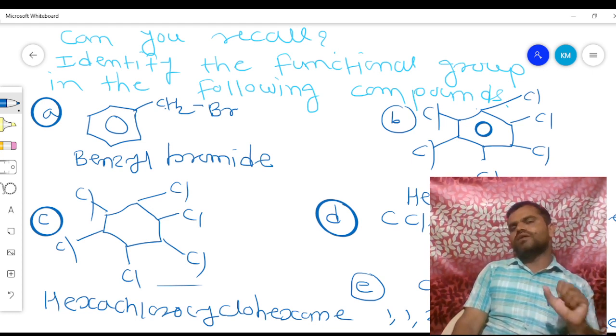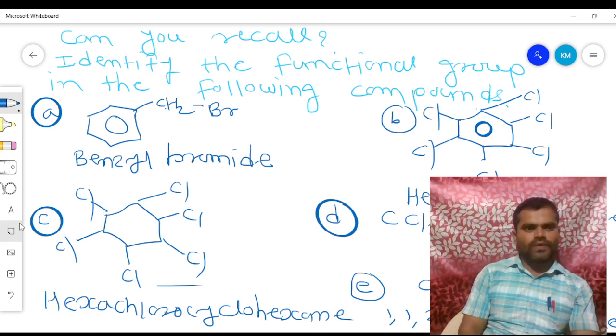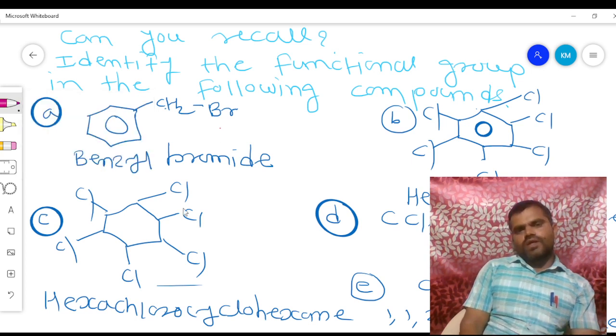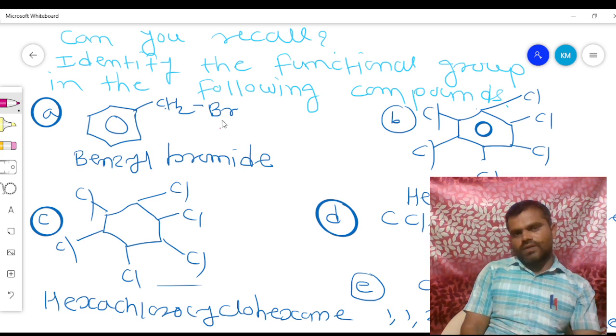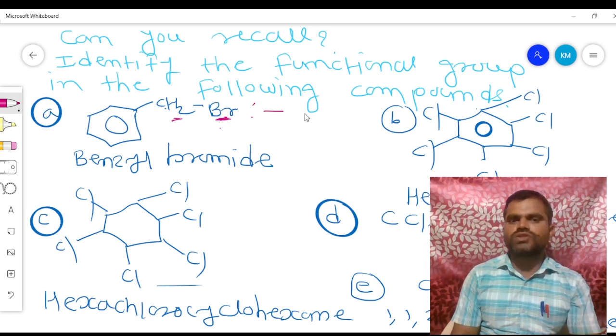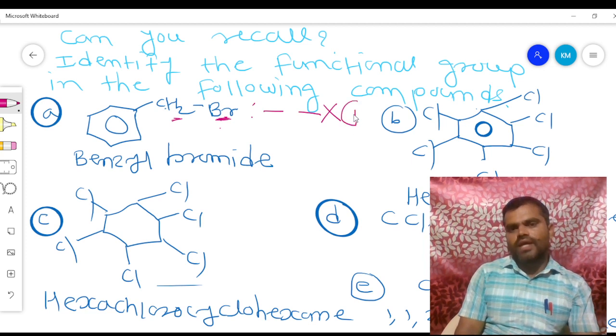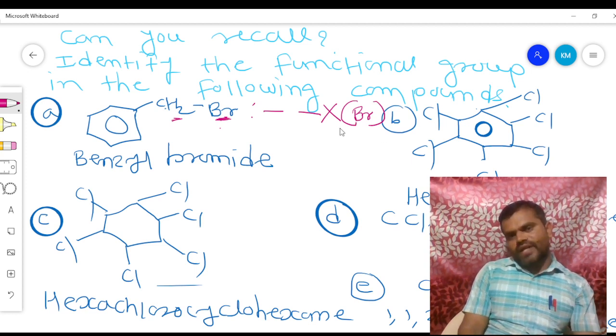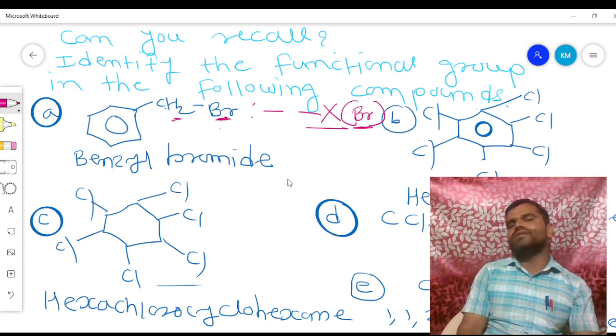We have to identify the functional group in the first compound. You see here, a Br is bonded to a carbon atom, and we know that Br is one of the members of the halogen family, so its functional group is bond X. Why bond X? Because the Br atom is bonded to a carbon atom, so we can write the representation of Br atom as bond X. What is the functional group in benzyl bromide?